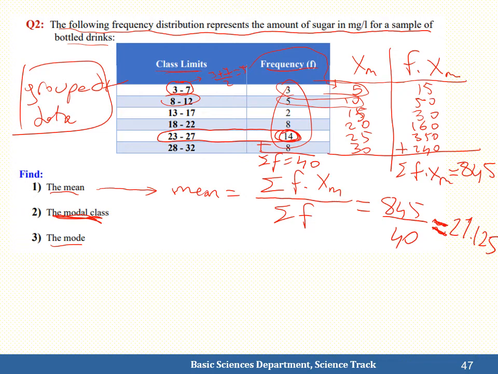In this case, the highest frequency is 14, so the modal class will be 23 to 27. The mode is the midpoint of the modal class, which is 23 plus 27 over 2, which is 25.